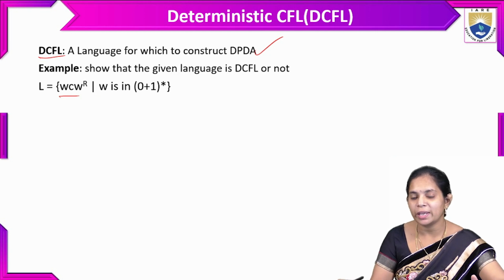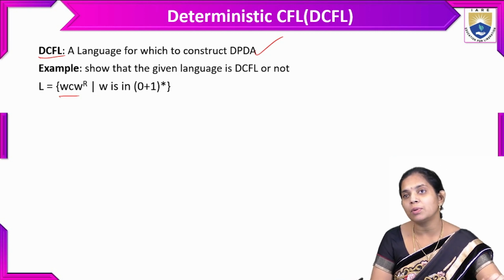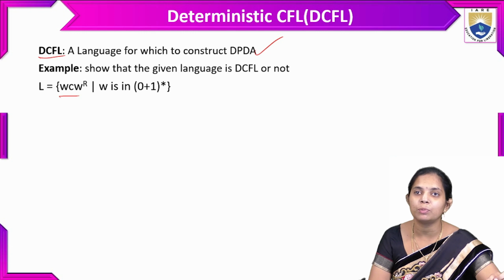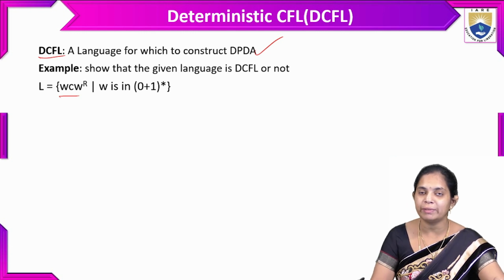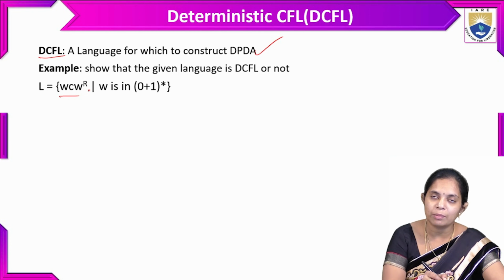If you take one example, we will see how we can construct a pushdown automata, and whether it is deterministic or not. So, WC, W reverse.